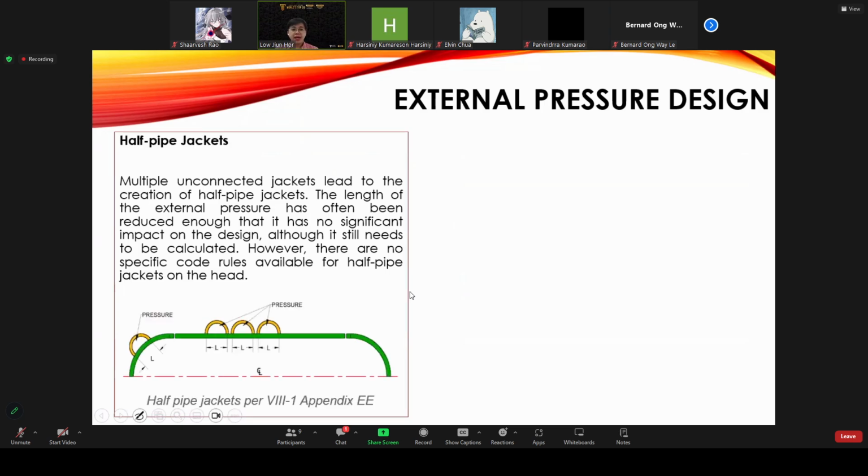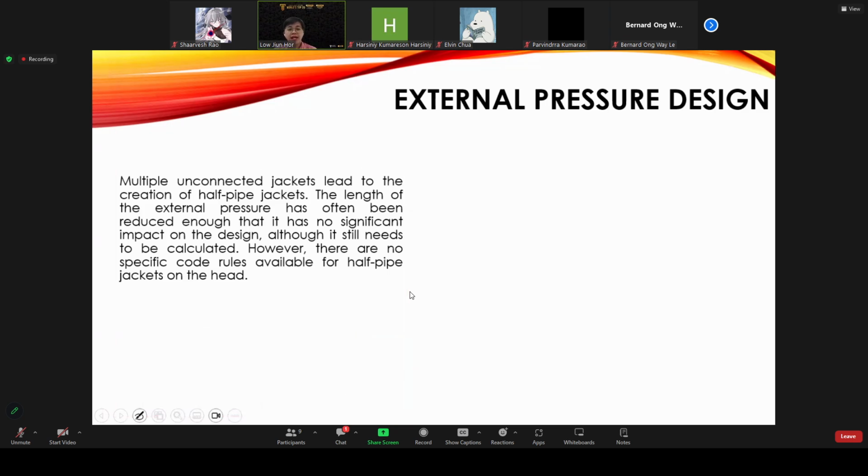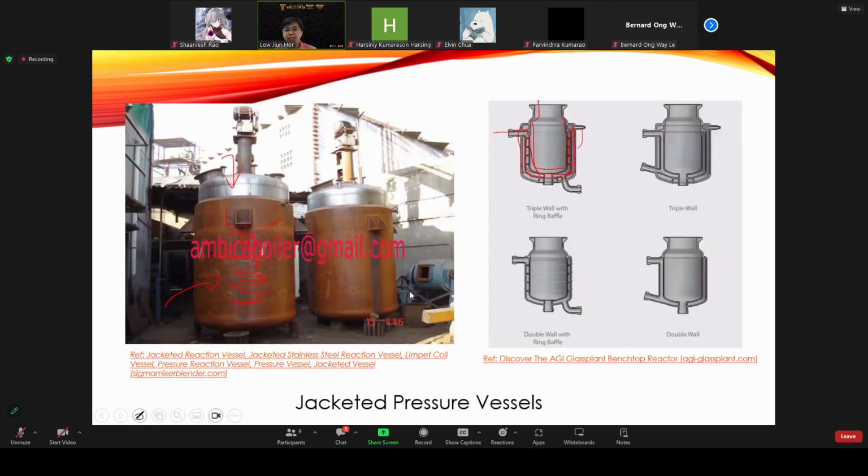Beside that, there is another type of design that we can use to remove or supply the heat energy to the pressure vessel. Just now we tried to remove or supply the heat energy to the pressure vessel by using a jacket.